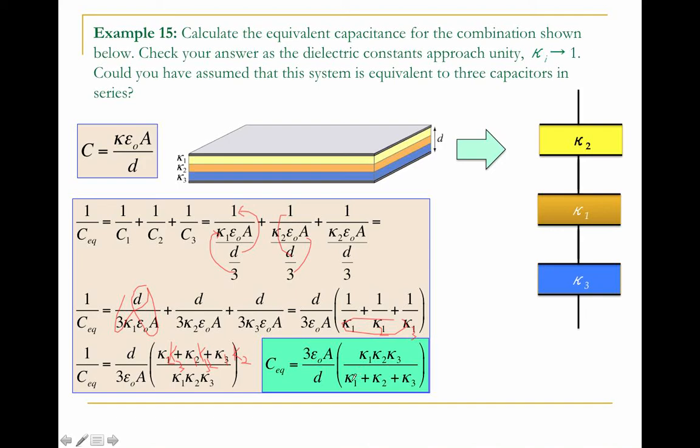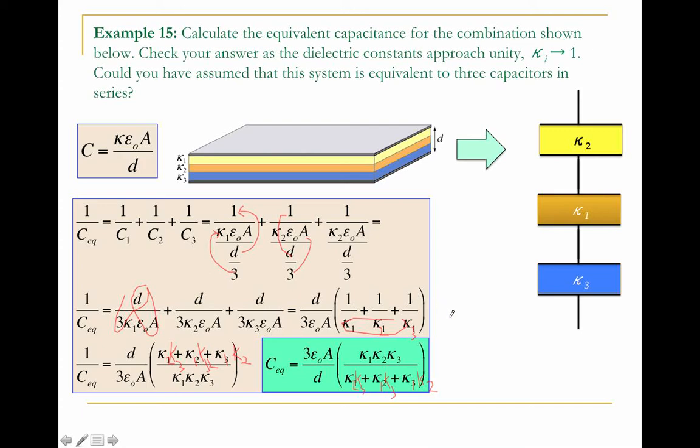This will be kappa 2 kappa 3, and this will be kappa 1 kappa 3, and this will be kappa 1 kappa 2. Okay, that's the solution. Because when you take kappa 1, kappa 2, kappa 3 divided by each term, you get kappa 2 kappa 3, then kappa 1 kappa 3, and here you get kappa 1 kappa 2. When I flip it over, it will be this.